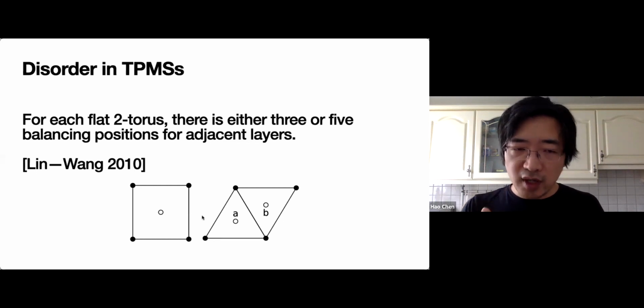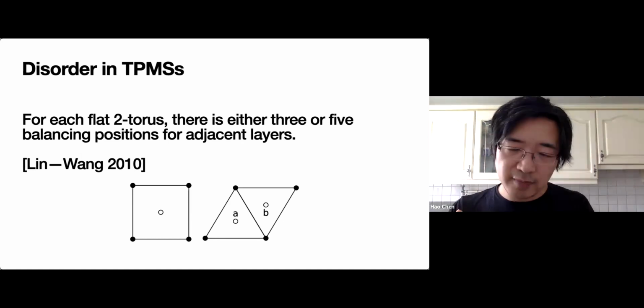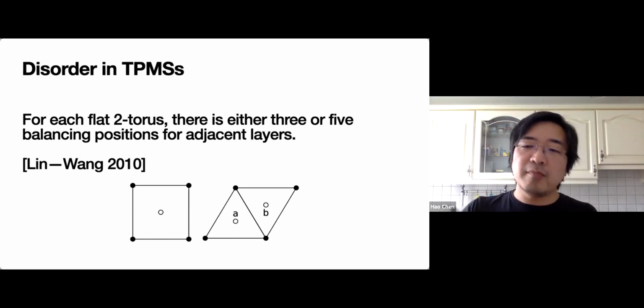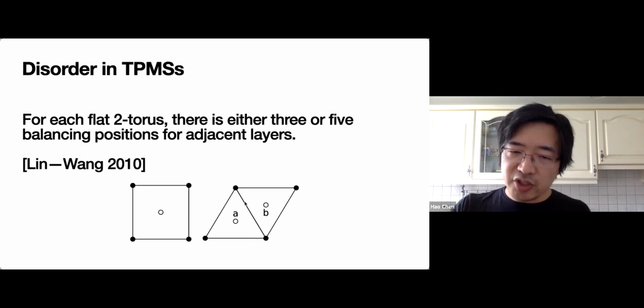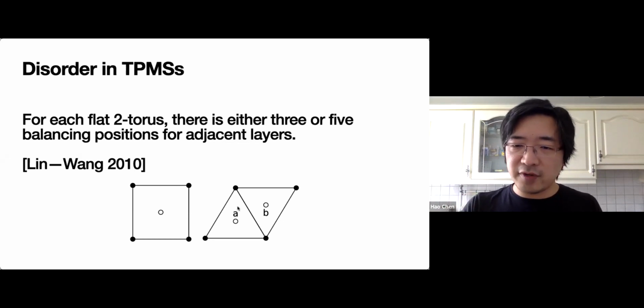Anyway, for us, this result from PDE theory becomes very handy, because each of these 3 or 5 critical points corresponds to a position for the nodes in the next layer. So let's work, for example, with the triangular lattice. Each time I want to stack another layer of nodes, I have 5 choices. That's very nice.